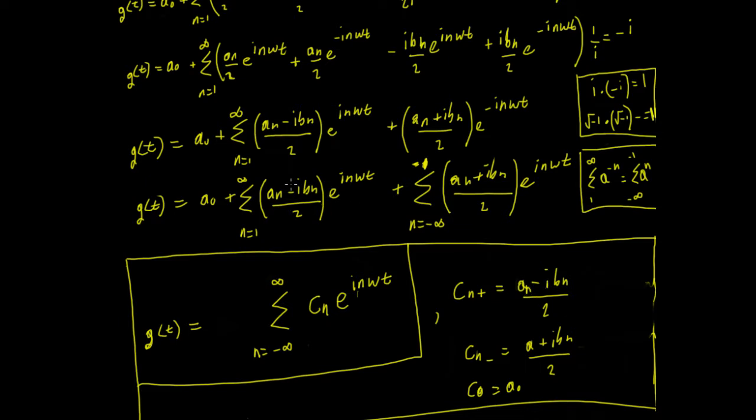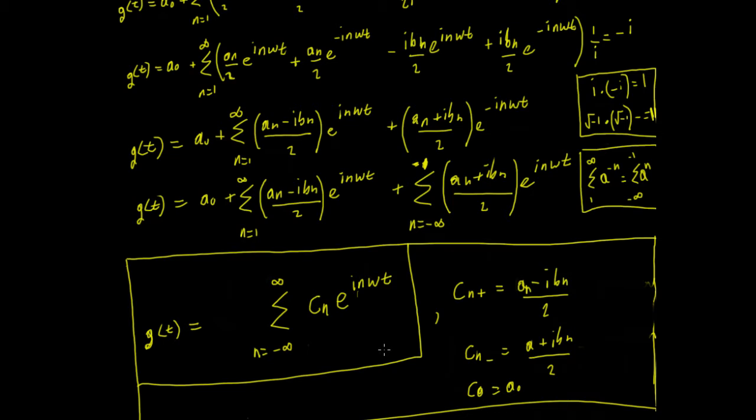The Cn plus covers all the values of n from 1 to infinity, and the Cn minus covers all the values from minus infinity to minus 1. The value at 0 will be e to the 0 times c0, which is just c0, and we'll see from further down that c0 is equal to a0.